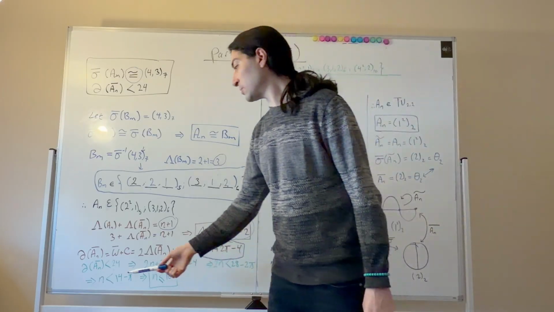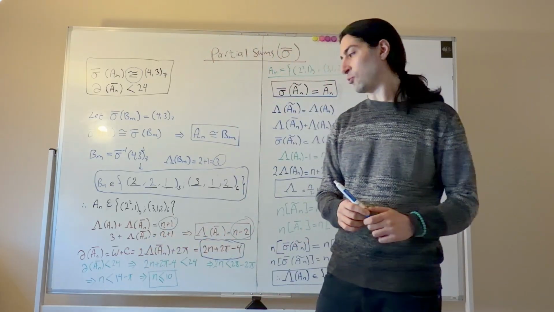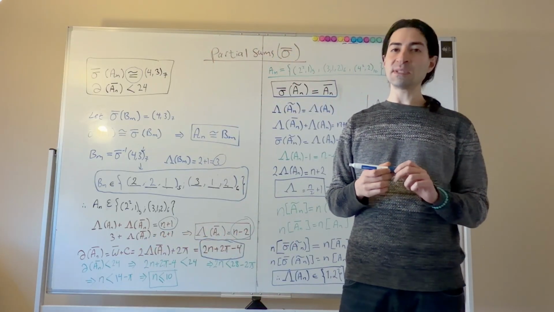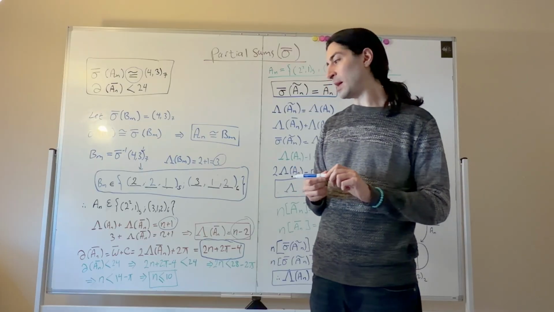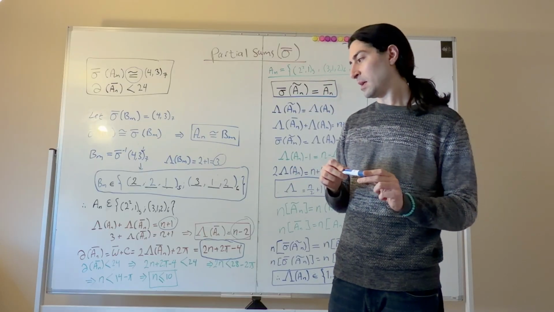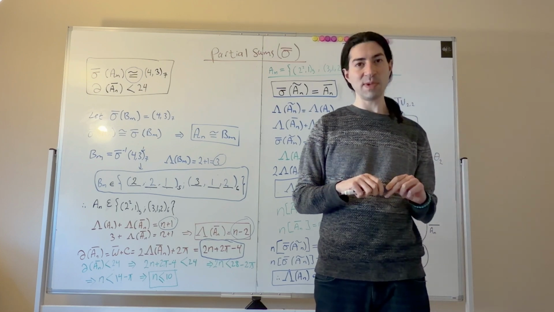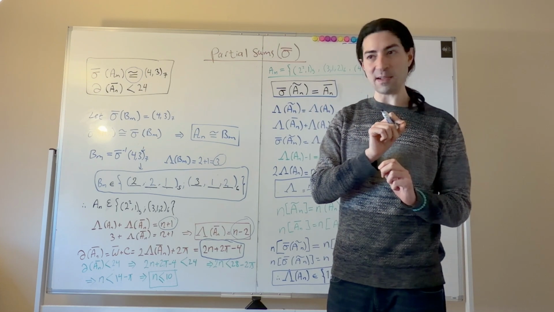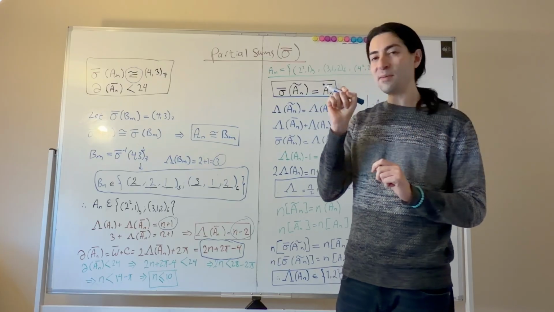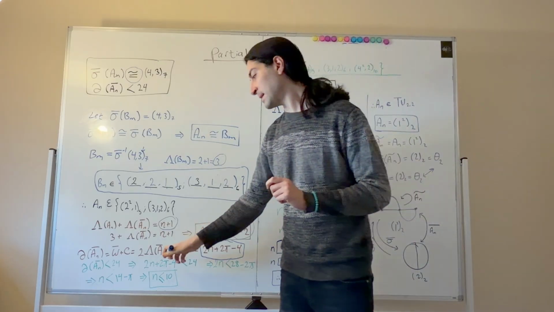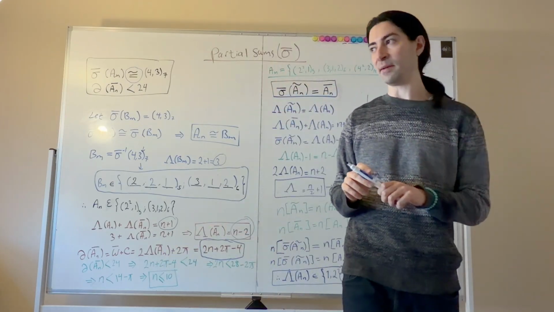This simplifies to n is less than 14 minus pi. Now 14 minus pi, let's say pi is 3.14 approximately. 14 minus 3 is 11, and it's going to be a little bit less than 11. However, since n must be a natural number, then n must be less than or equal to 10.